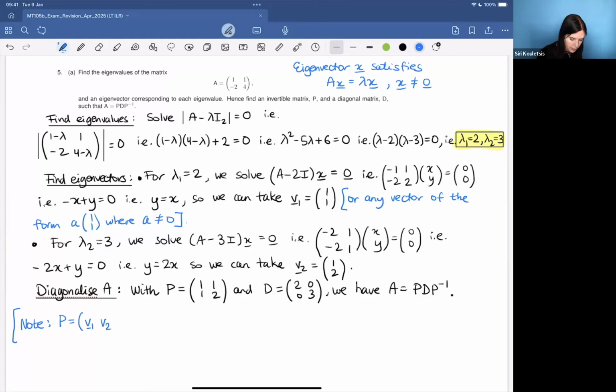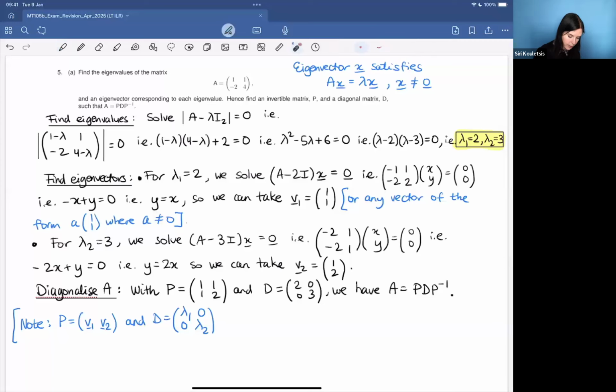So the matrix P, notice that I have put V1 as the first column in P, and I have put V2 as the second column in the matrix P. Now, once I have committed to that ordering, I have no freedom in how I construct the diagonal matrix D, because now lambda 1 and lambda 2 have to be in that order as I've written here on the diagonal.